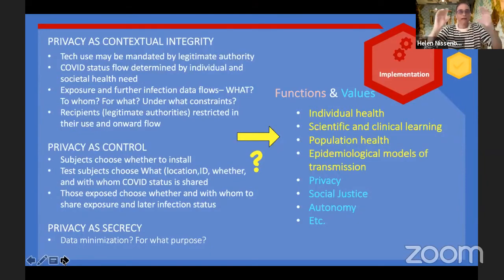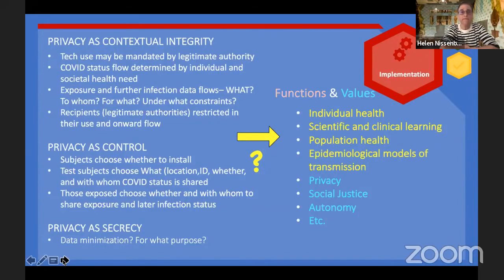And heavens knows whether such an authority exists, even in government, because we're living in strange times. But ideally, you would need to mandate, otherwise the efficacy is just too low. And what's the use of it if 10% or 15% of people are utilizing the app or on top of the APIs?